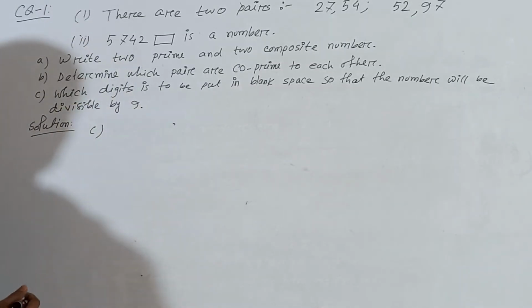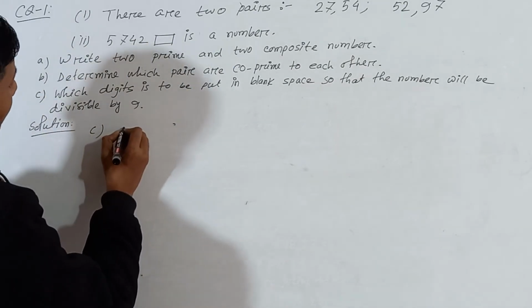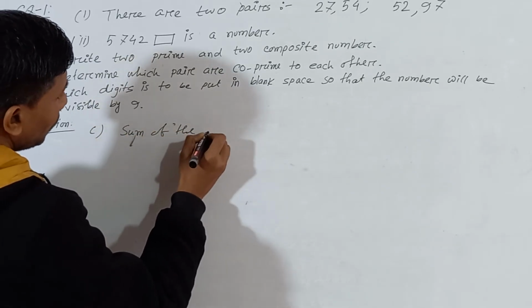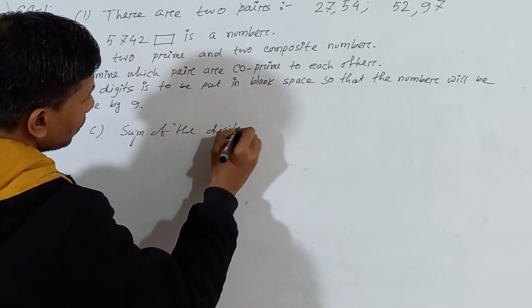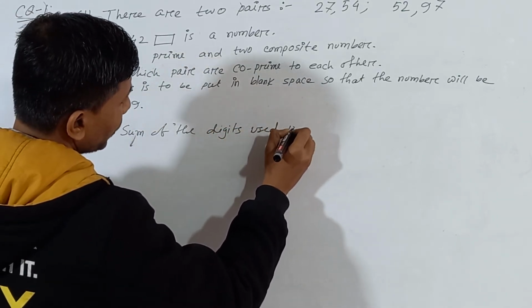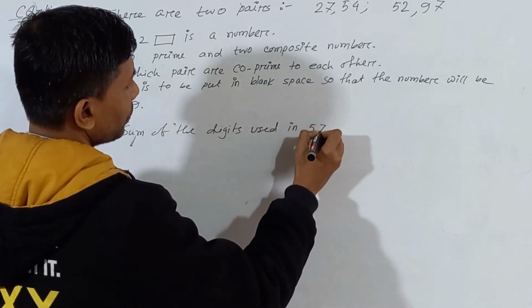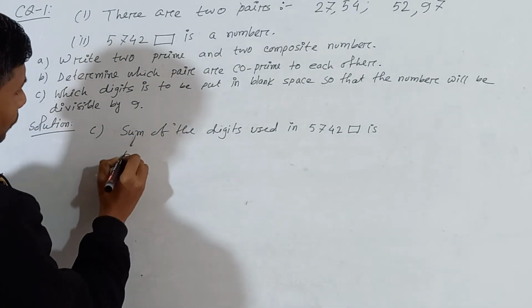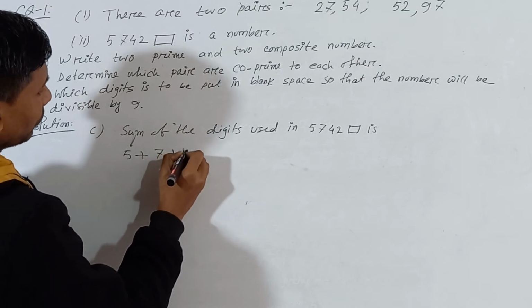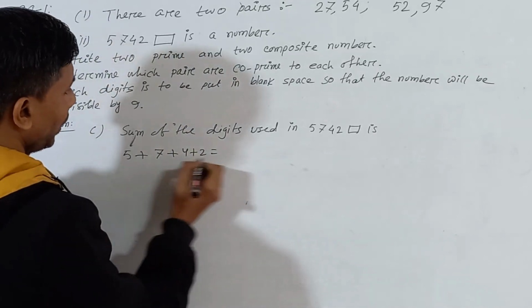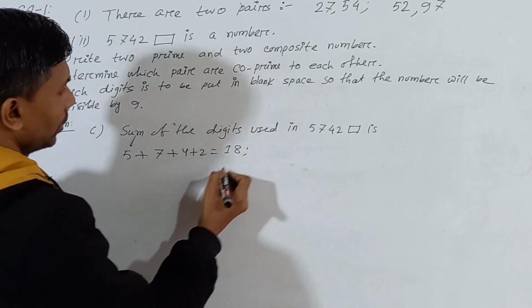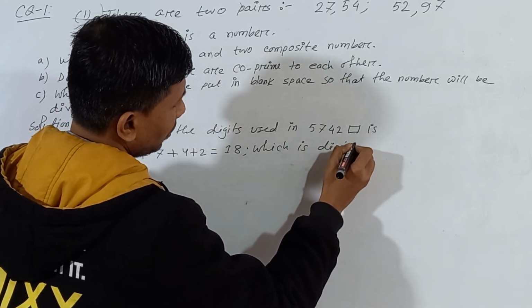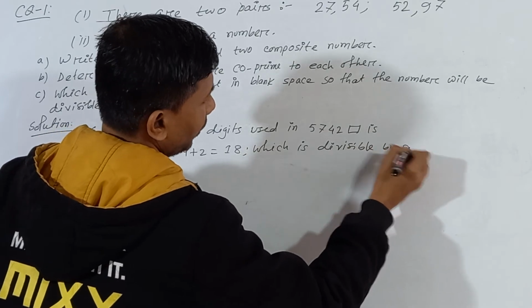So look, write the sum of the digits used in 5, 7, 4, 2. 5 plus 7 plus 4 plus 2, adding these you get 18, which is divisible by 9.